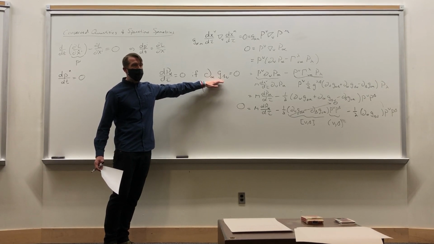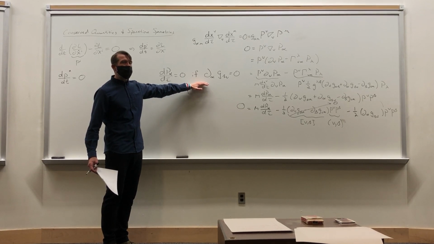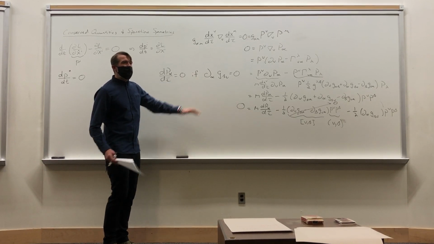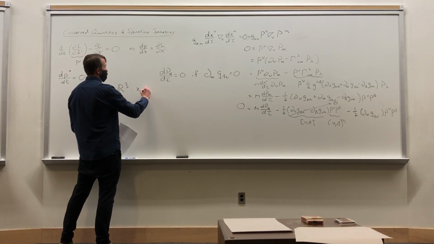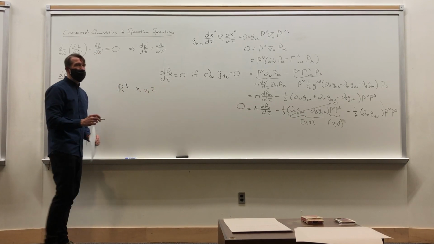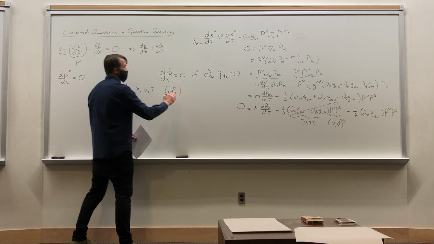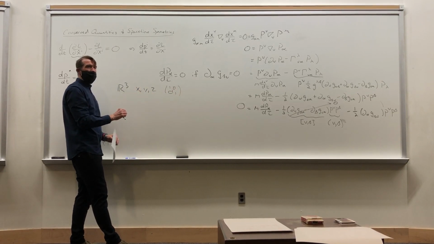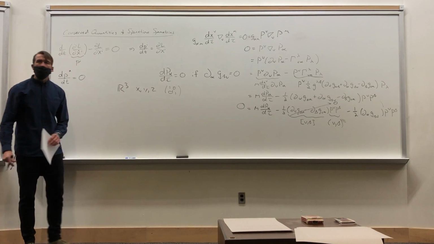But once again, this is very coordinate dependent. I mean, after all, if I'm working in R3 with x, y, and z, well, then the metric is just 1, 1, 1. Then the metric doesn't depend on any of the coordinates. So this means that px, py, pz are all constant.